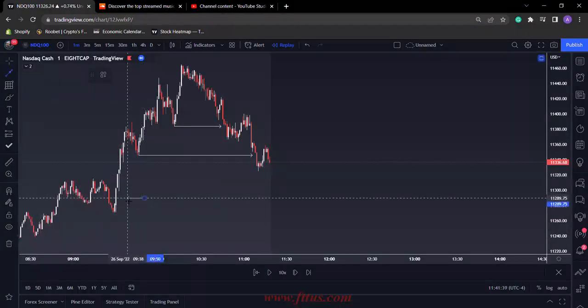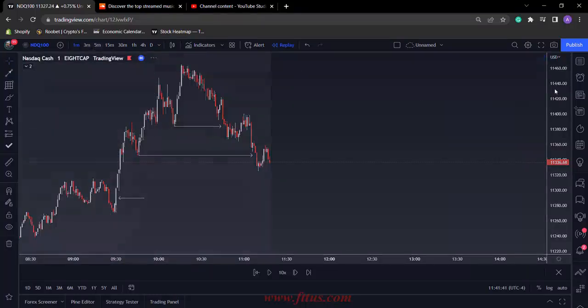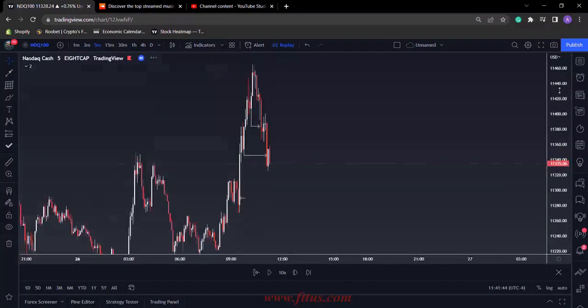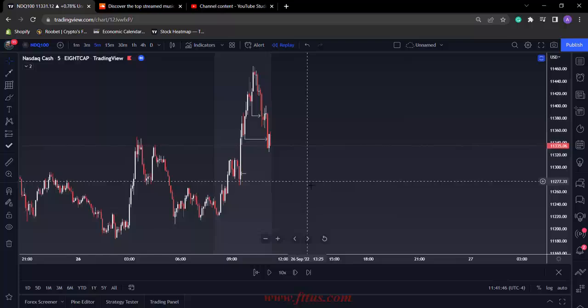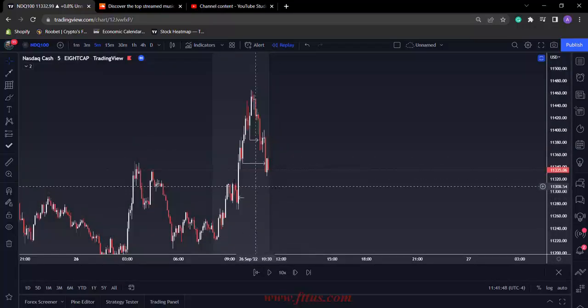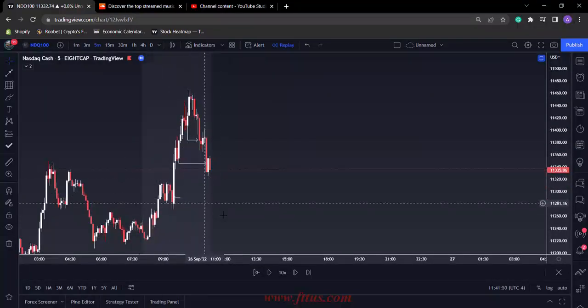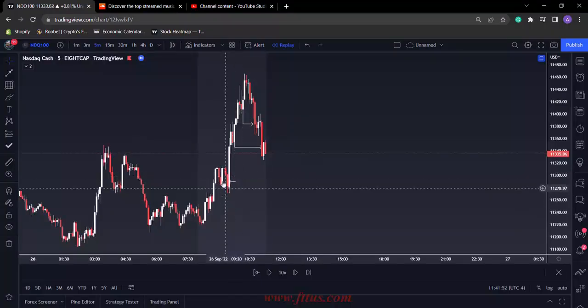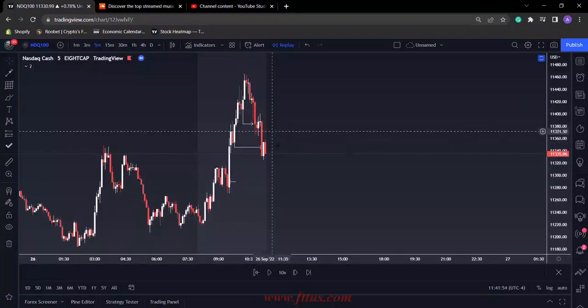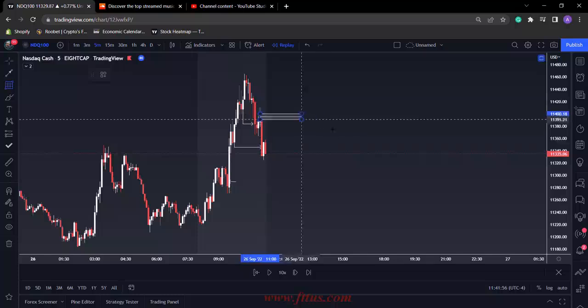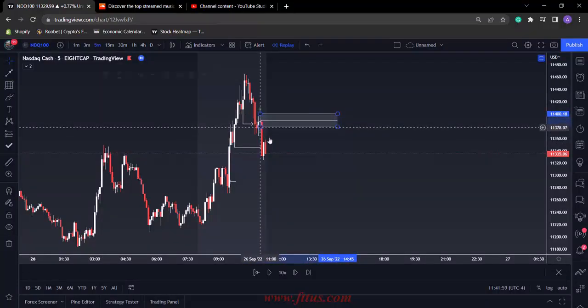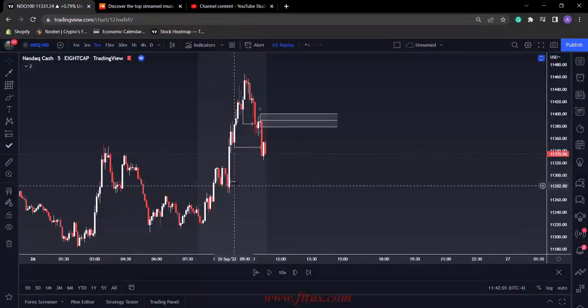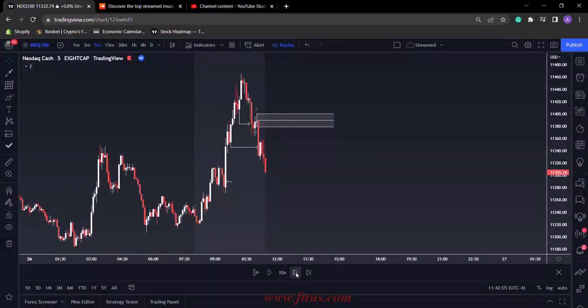We had imbalance sitting right here on the 1 minute, and then on the 5 minute we also had some imbalance to the downside. We had some liquidity sitting right here, and we did have this 5 minute demand, but this was kind of a low probability demand. I knew that if we did take this sell from up here, that price would continue down and stop out all these buyers that were buying off this point. So let's drop down to the 1 minute after this.